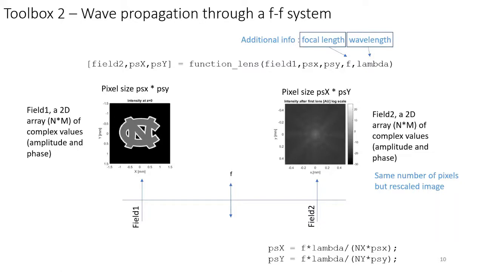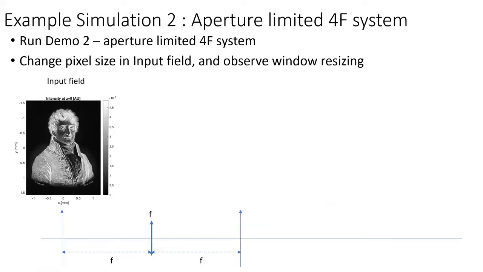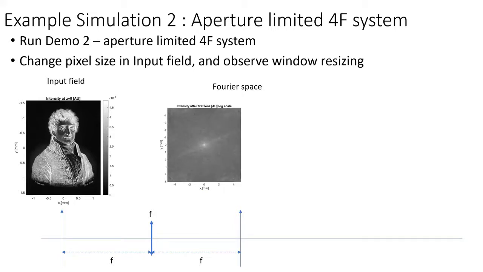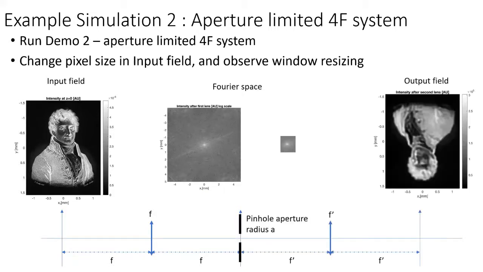I basically create an imaging system, and that tells you that a Fourier transform operated twice is the identity function. Here we have a little variation on that. Instead of doing two Fourier transforms in a row and retrieving the same image but flipped, in the Fourier domain we add a pinhole aperture of radius A that cuts off all the information beyond a certain radius A. What that represents is that you cut off the high spatial frequencies in the Fourier domain, or in an optical system, you create an aperture-limited imaging system where high spatial frequencies don't get to propagate.